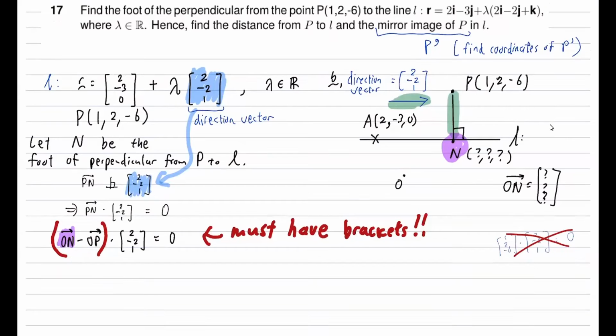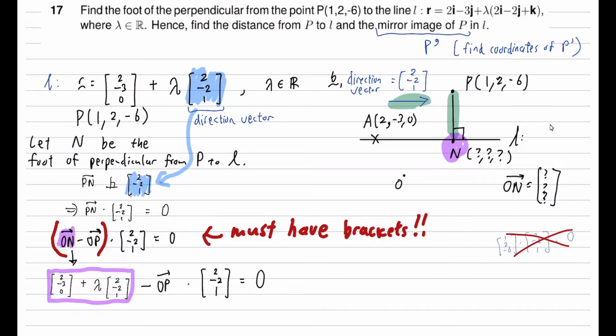We know that we are allowed to substitute the ON. So we replace it with (2, -3, 0) plus lambda times (2, -2, 1), which is the equation of the straight line. Maybe I'll color code it in purple. Don't forget minus OP, dot product with (2, -2, 1). Right hand side equals what? Still 0.